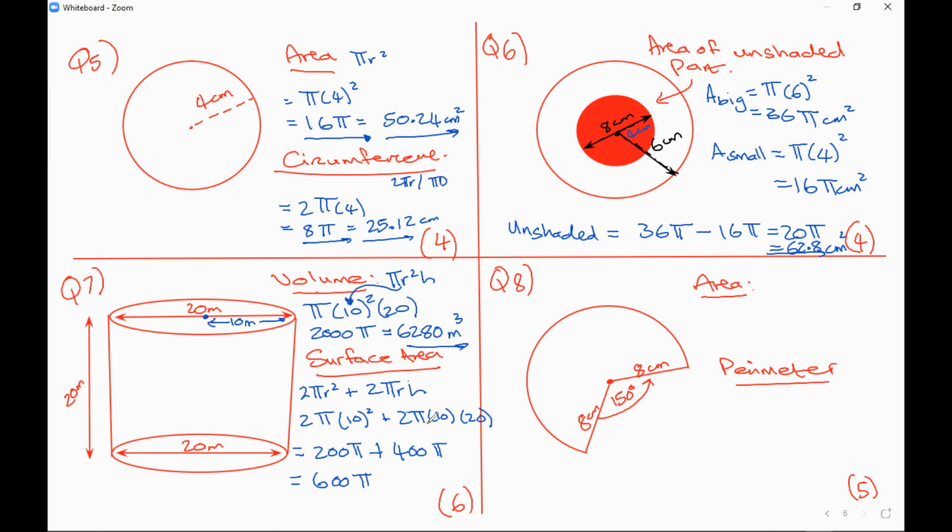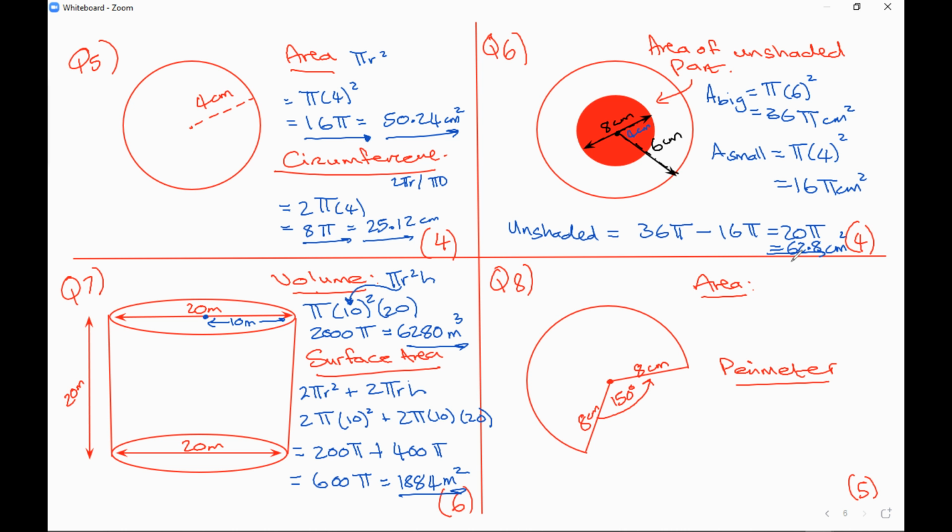So we take that and we put it in our calculator using 3.14. Again, I'm going to use that. It's 1886. No, 1884. 1884 meters squared because we're calculating area.